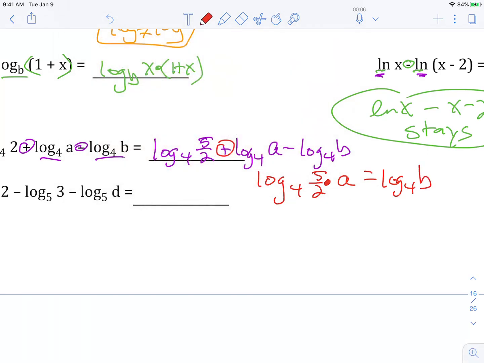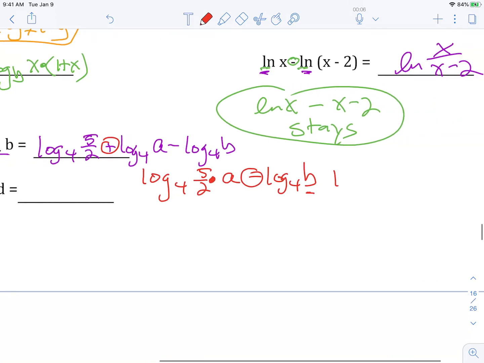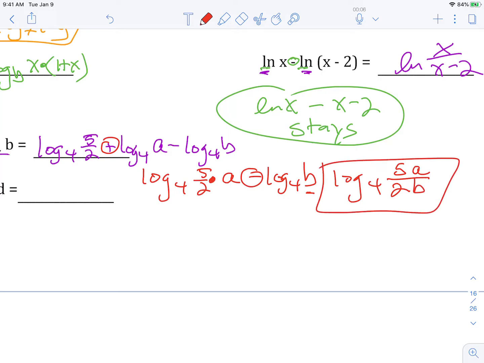And then again, notice there's a minus sign, so then we know we're going to be dividing by b. So we rewrite this as log base 4 of 5a over 2b as your final answer.